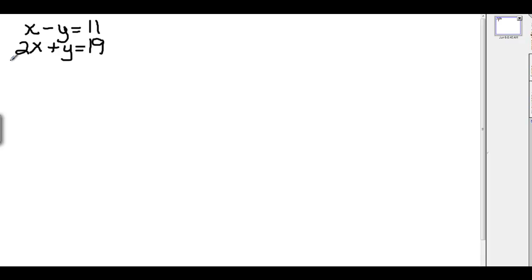So I'm going to add these two equations. I'll add 1x plus 2x, and that gives me 3x.